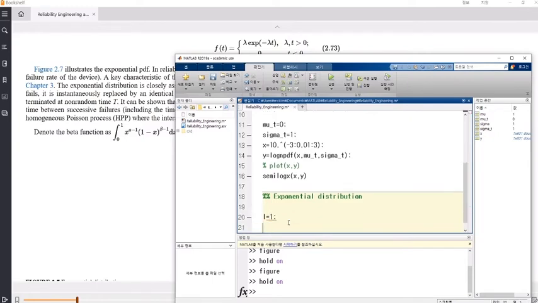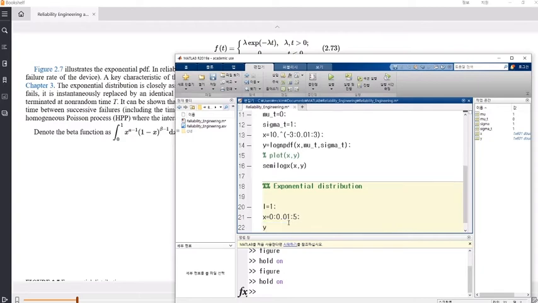First, we are going to assume that lambda equals 1. So x is given starting from 0 until 5. Y equals L multiplied by exponential of minus L multiplied by x.